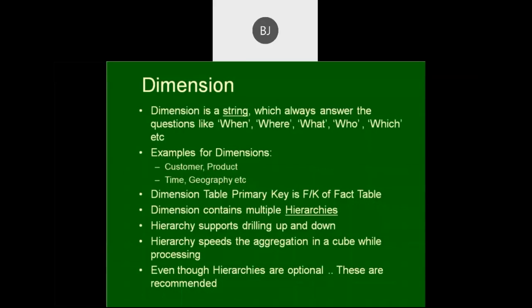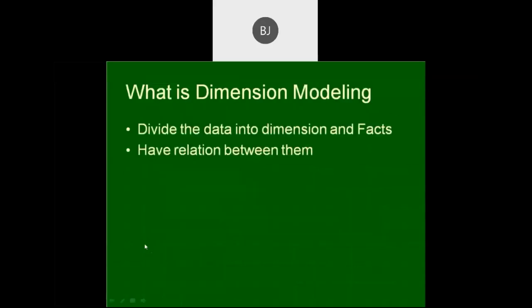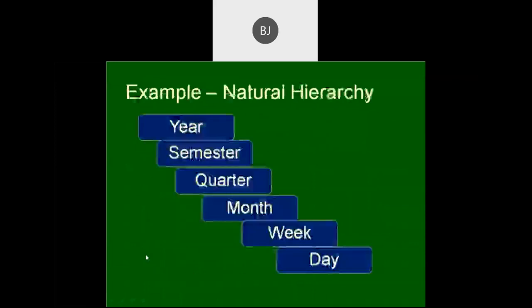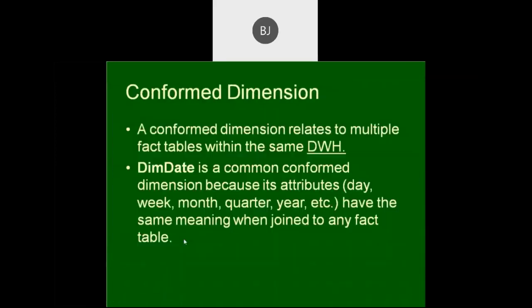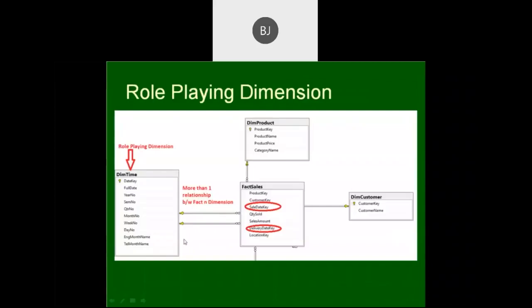Clear, guys? So this is what is called dimension modeling: divide the data into dimensions and facts and have the relationship between them. Dimension table will have a primary key and we are going to be having a lot of relationships.